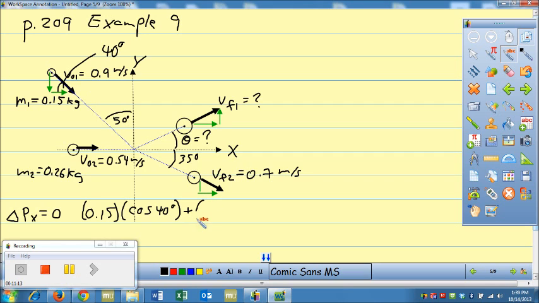Plus this mass, which is 0.26, times its velocity, which is all in the x direction, that's 0.54.